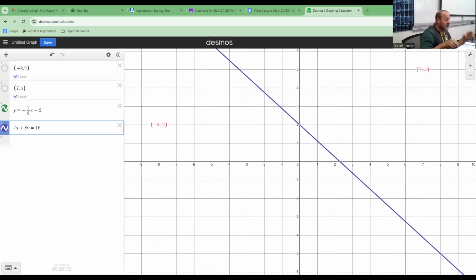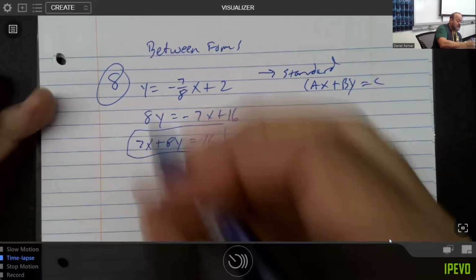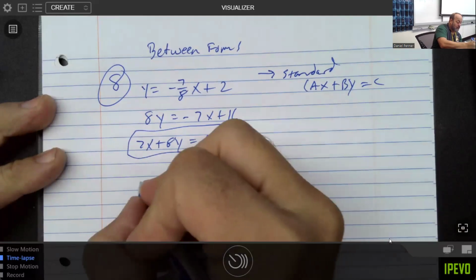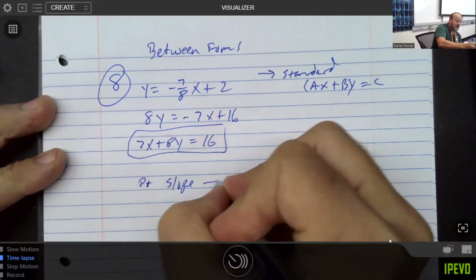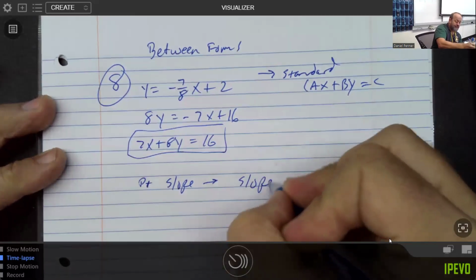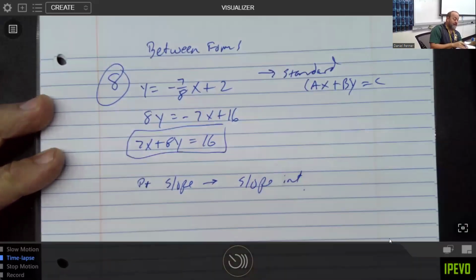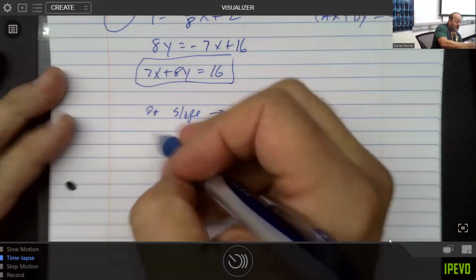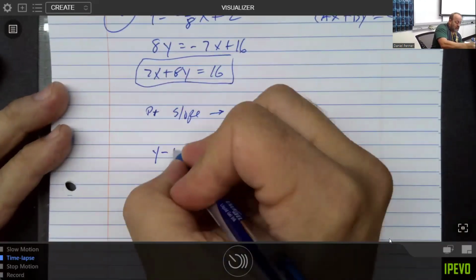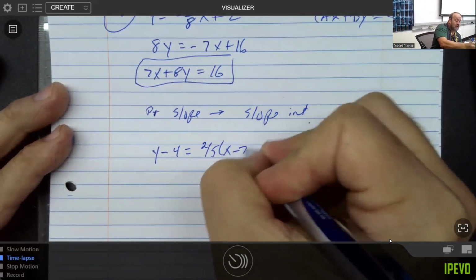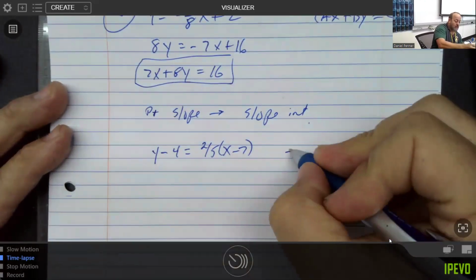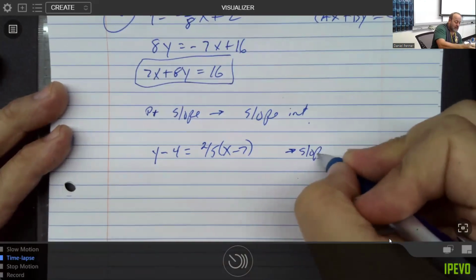Another one. Let's say that I want to go between point slope, my favorite, and slope intercept. So somebody says, hey, I've got y minus 4 equals 2/5 of x minus 7, and I want to go to slope intercept.